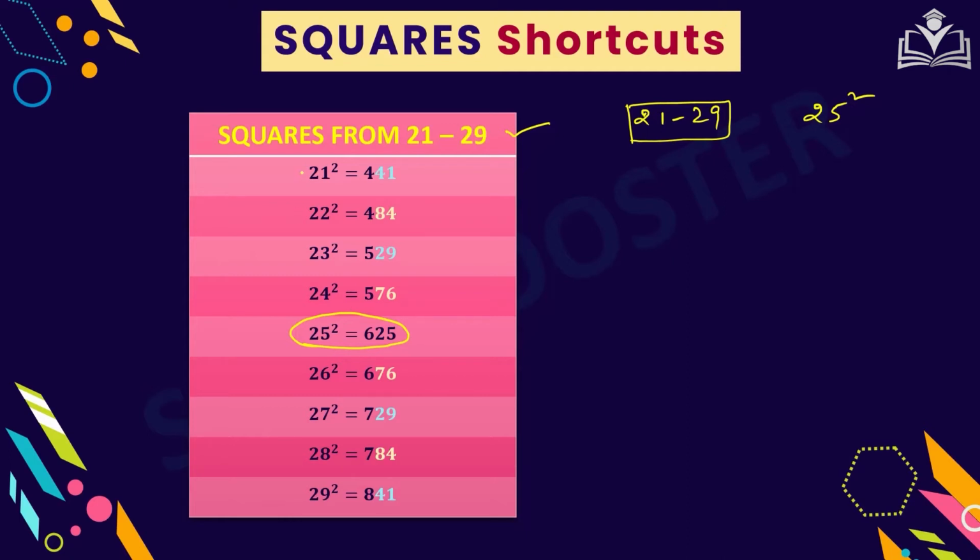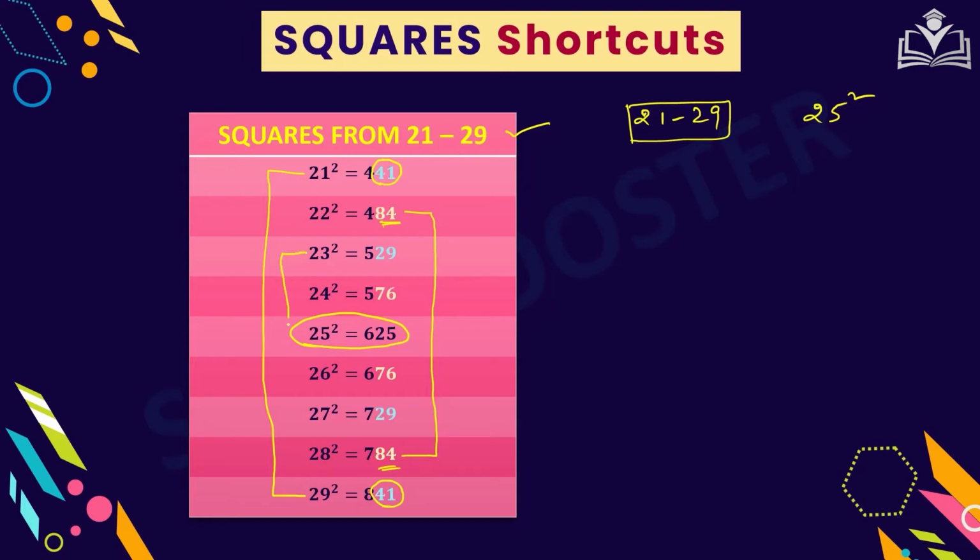First, if you see the 21 and 29 combination. 21 square is equal to 441. 29 square is equal to 841. Next, 22 square is equal to 484 and 28 square is equal to 784. 22, 28, that is one combination.